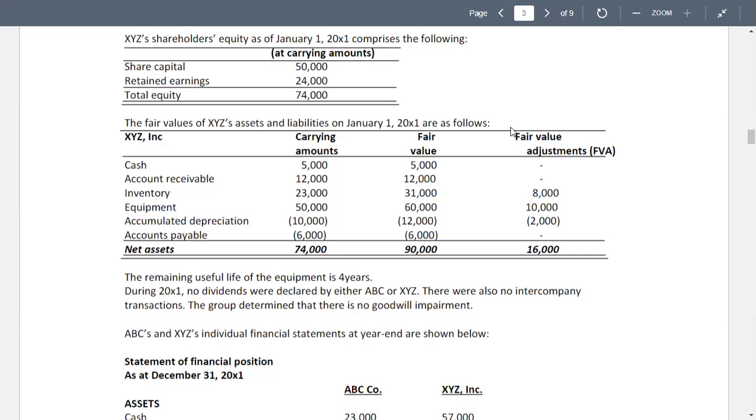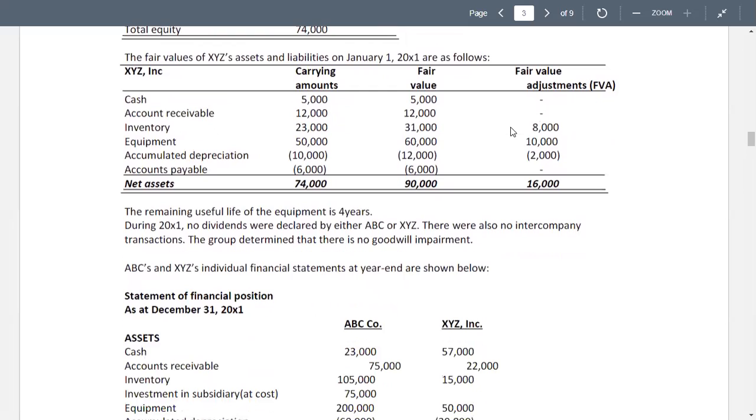So at year-end, while the given data previously were the amounts on January 1, now these amounts are on December 31. So we have now ABC Company and XYZ Incorporated at the end of the year, cash of 23,000 and 7,000, so the total of 80,000, accounts receivable, inventory of 105,000 and 15,000, investment in subsidiary at cost, 75,000.